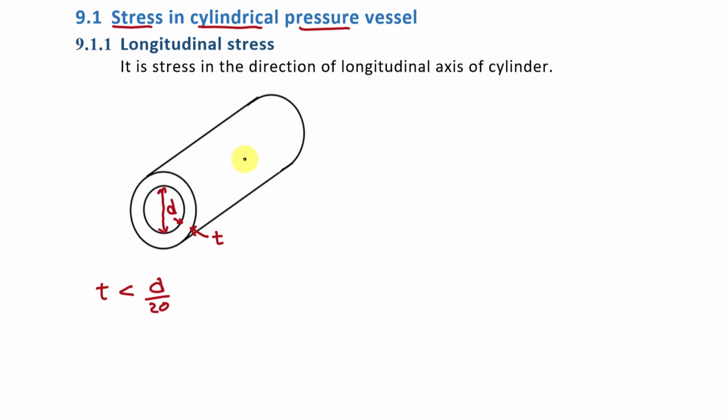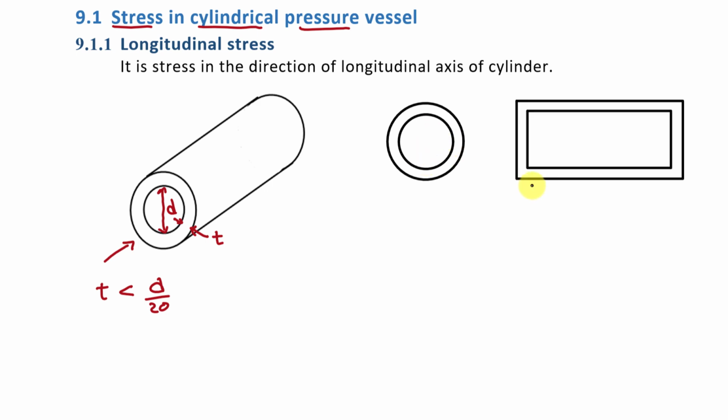Fine? Let's say if we view from this side, then we will get front view of the cylindrical pressure vessel like this. It is like this. And here I have shown the side view of this cylindrical pressure vessel. So this is the front view and this is side view. Now if we store fluid in this pressure vessel, let's say having pressure P, then we will get pressure on inside wall of this pressure vessel, and it will be like this.